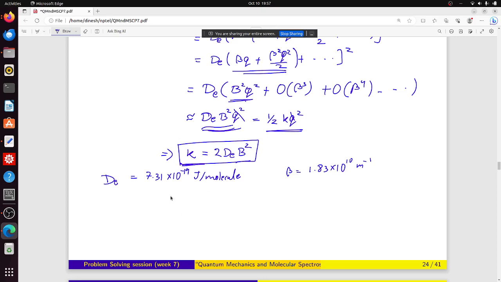Right, then it's pretty straightforward. K will be 2 dE beta square, let me write: 7.31 times 10 to the power minus 19 times beta, 1.83 times 10 to the power 10, squared.